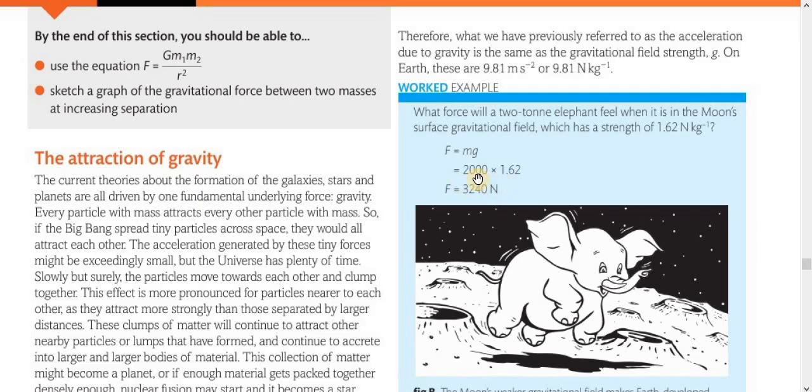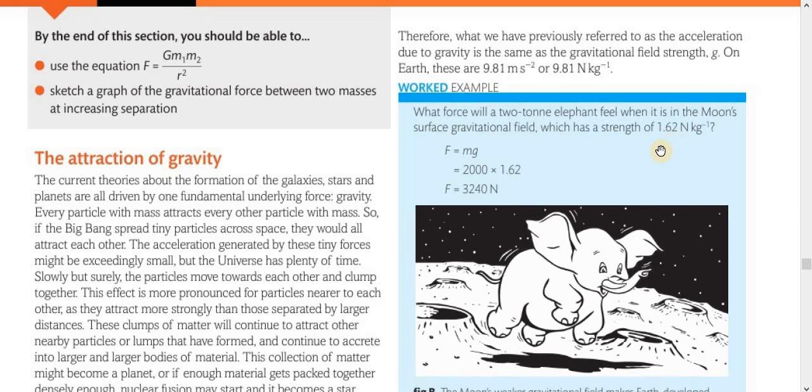The mass of the elephant is 2000 kilograms. The gravitational field strength is 1.62 newtons per kilogram or meters per second squared. Then the weight of the elephant on the moon is 3240 newtons. On the earth, the gravitational field strength is 9.81 meters per second squared or 9.81 newtons per kilogram.